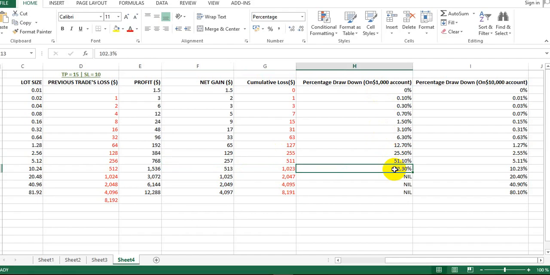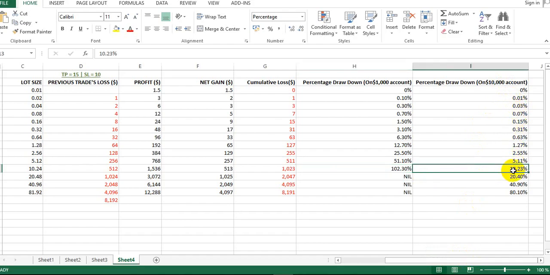You've lost it all. It's called a margin call. So that's why it may look good, but take a look at this. If you have just $1,000, you're still in mortal danger, because that's mortal danger for any forex account. So the only time it's better is when you have $10,000, because at this point you're losing only 10% of your account.